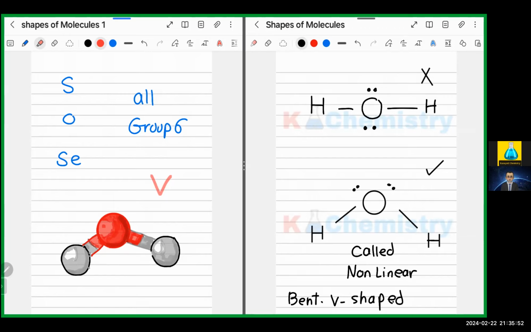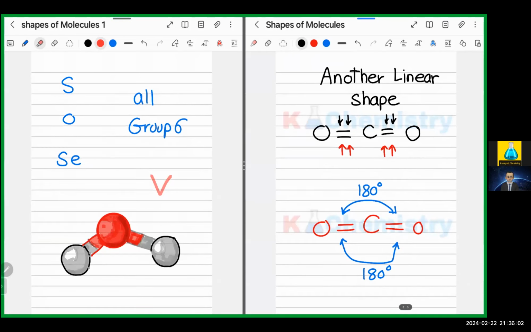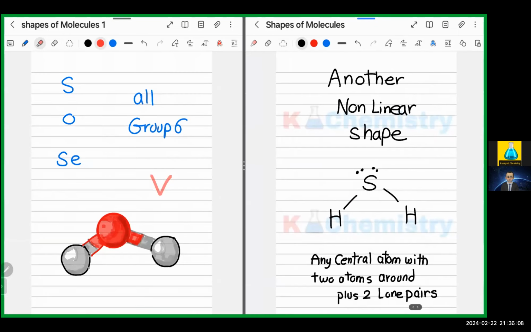This can happen in oxygen with the hydrogens, also in the sulfur and in selenium with the hydrogens, which means in H2S and H2Se, because all of them are in group 6. So the linear shape is 180, but the nonlinear shape, the angle is not going to be 180, it is 104.5, and you must memorize this value.